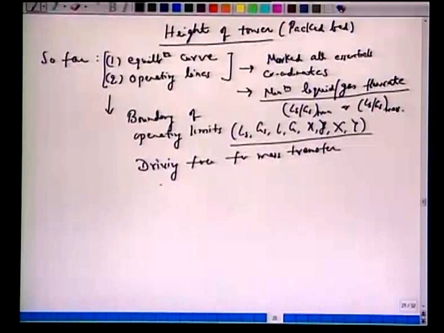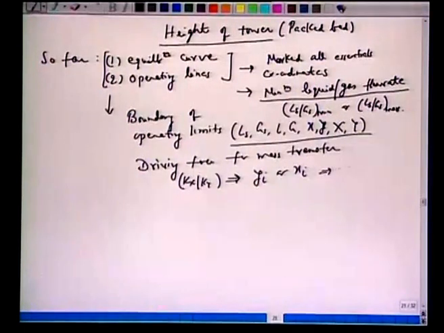Again, you should recall that we have another line which has a slope of kx over ky, and if we take the ratios, that will give us yi or xi, and so forth. We can have del y or we can have del xi. So, the driving force for mass transfer, that is what we get from 1 and 2.